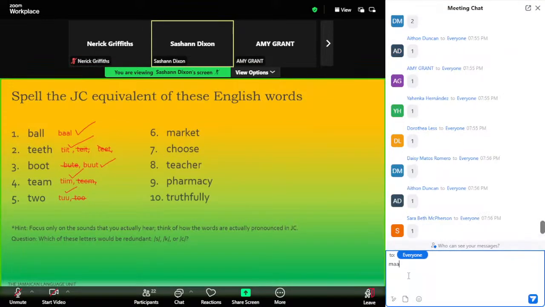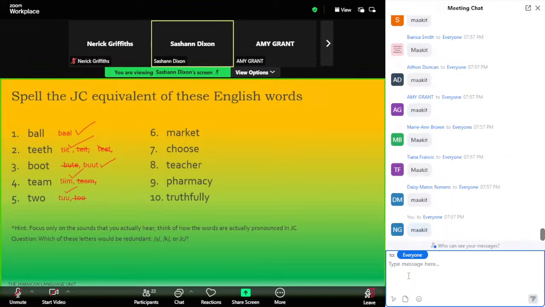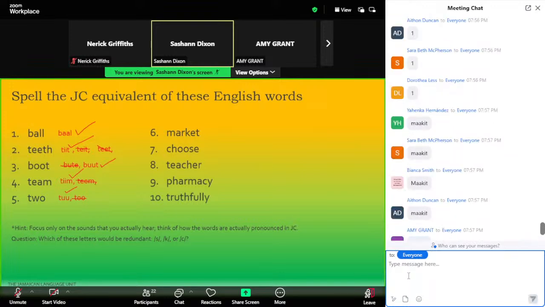Market. Looking good. Perfection. Good. I don't see anything other than M-A-A-K-I-T. Nicely done.